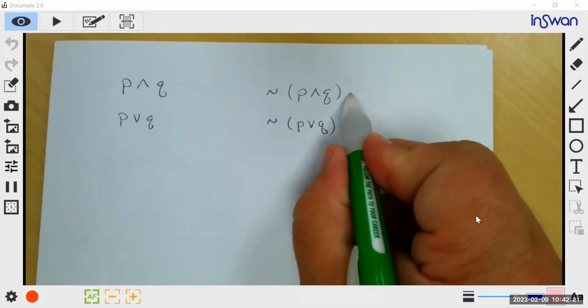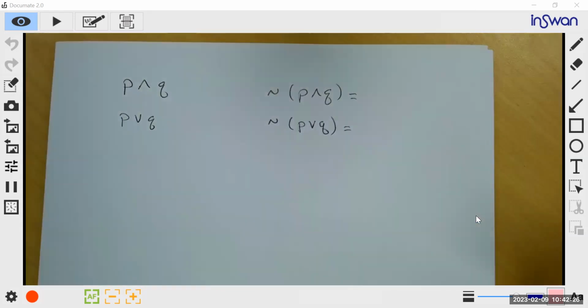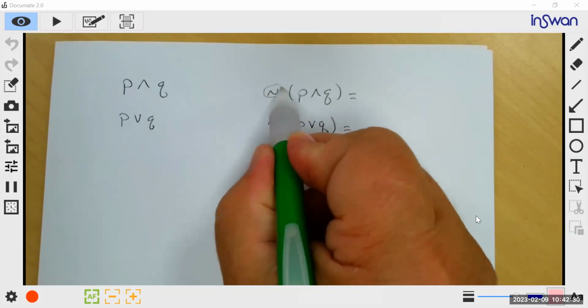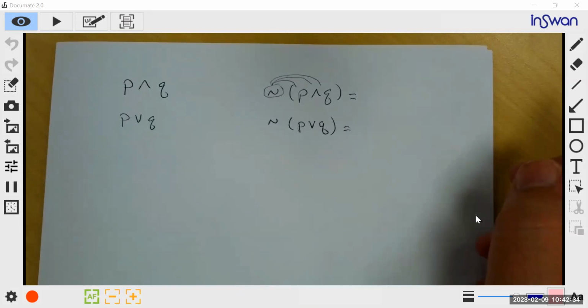What the negation does is negate everything inside there. So I take this symbol and I put it to every element inside the parentheses.